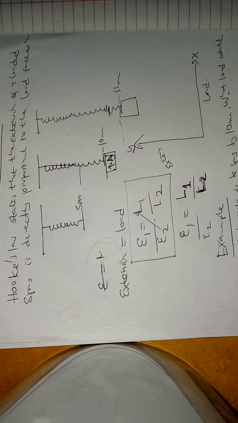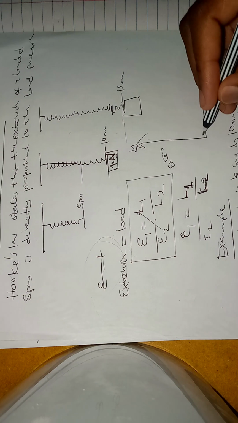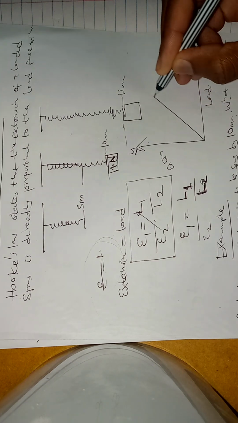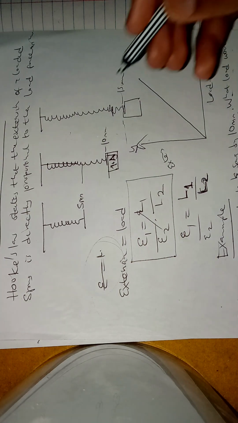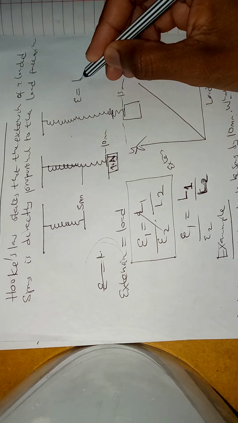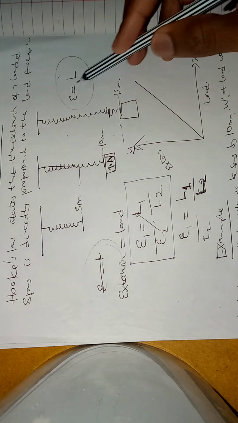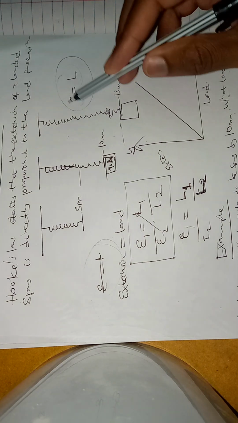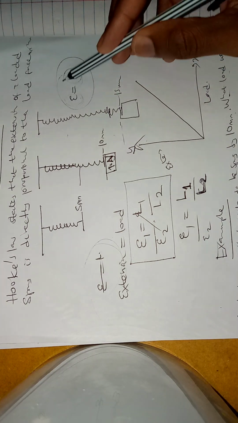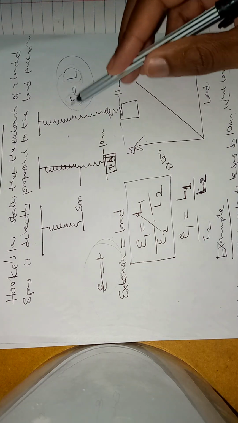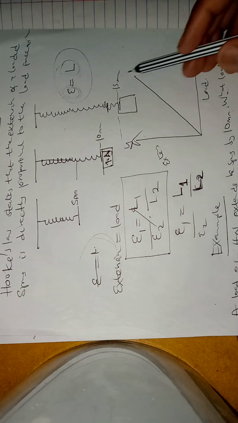So what would happen is that when we plot a graph, always it's going to come out like that. So when we say extension is directly proportional to the load, what we're trying to say is that when we increase the load, the extension also does what? Increases. When we reduce the load, the extension also does what? Will reduce. So this is what happens.